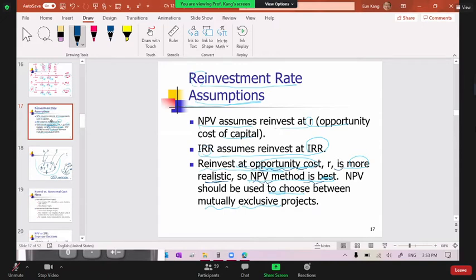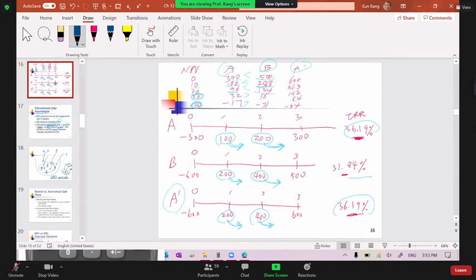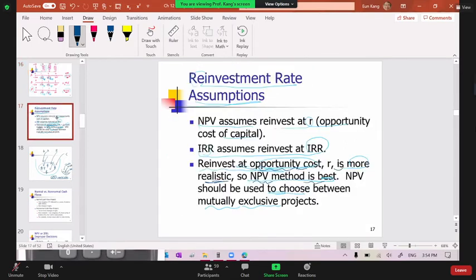That's too much, right? Because after you do your project, those cash flows will go to your vault, right? So you reinvest at your expected return, at your WACC. That is more realistic. So the net present value rule is better.